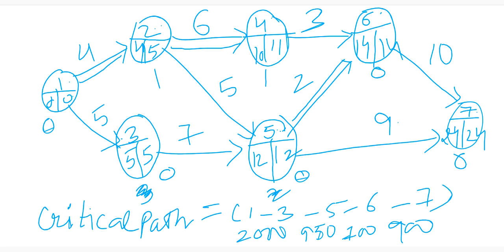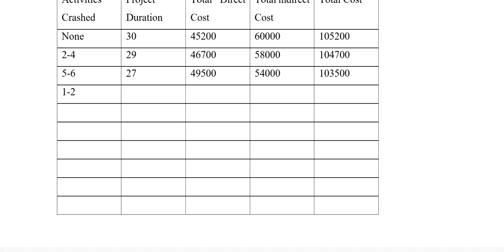So to crash 6 to 7, I will make a double line here, and the crash time will be from 10, it is 7. So instead of 10, I will write 7 here, and again I'm going to update my cost sheet. So now by crashing 1 to 2, the new duration is 24.